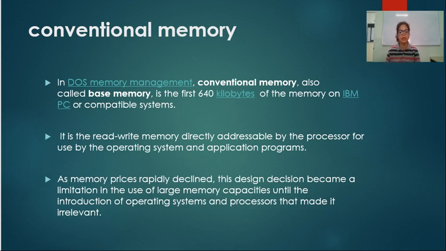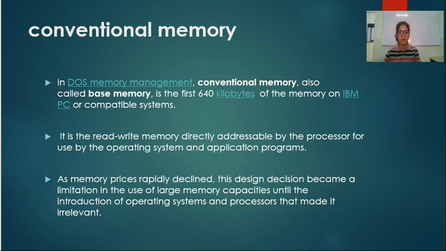It is the read-write memory directly addressable by the processor for use by the operating system and application programs. As memory prices rapidly declined, this design decision became a limitation in the use of large memory capacities until the introduction of operating systems and processors that made it irrelevant.